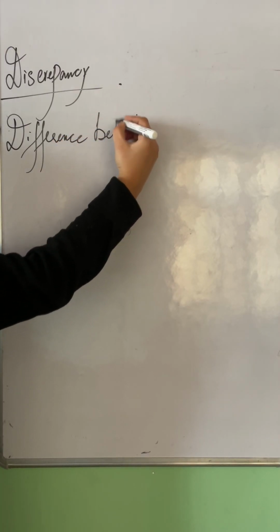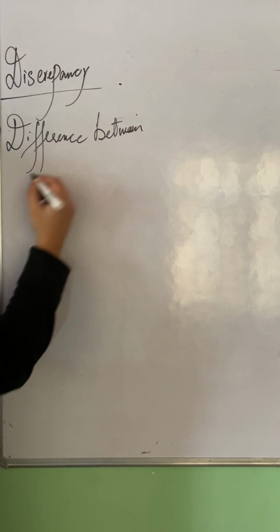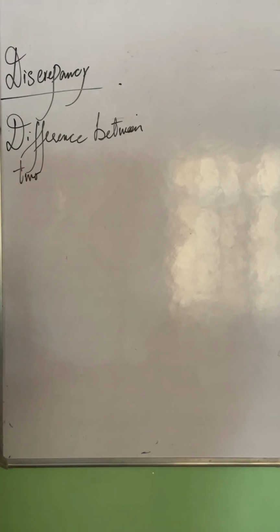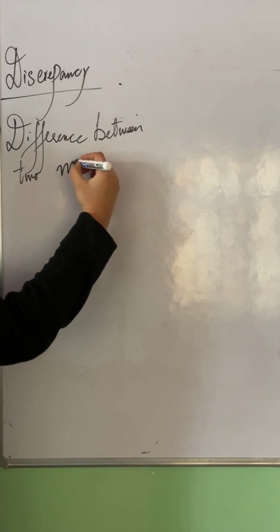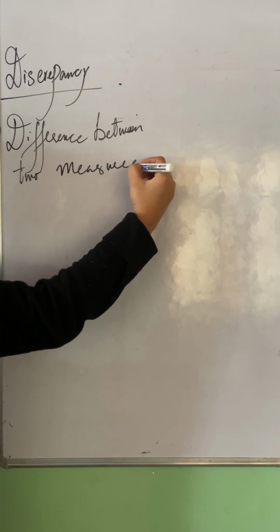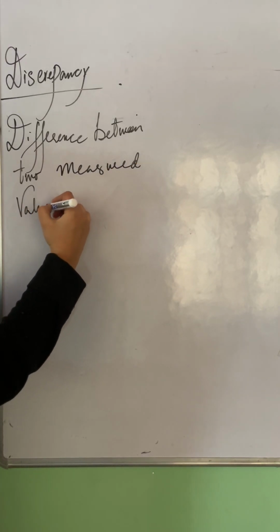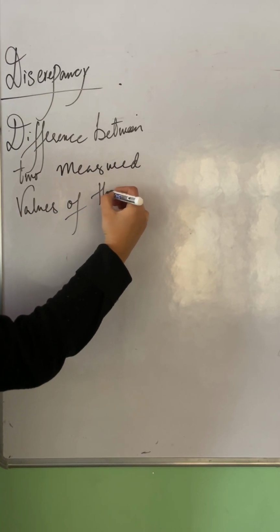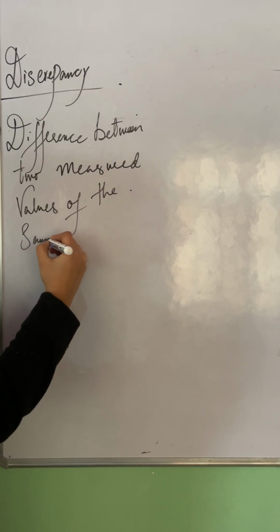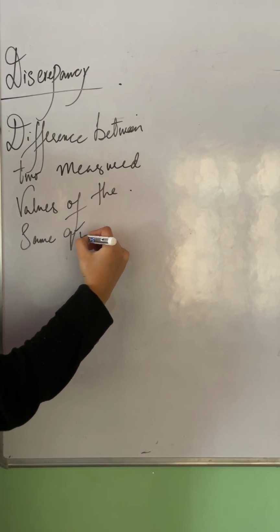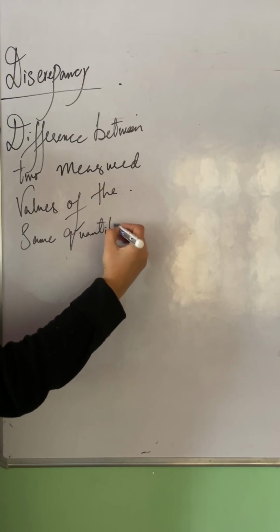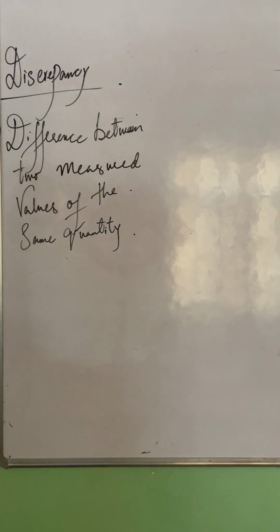Difference between two measured values of the same quantity is known as discrepancy. And this must be noted that if discrepancy is small, it indicates that the mistakes and random errors are also small.